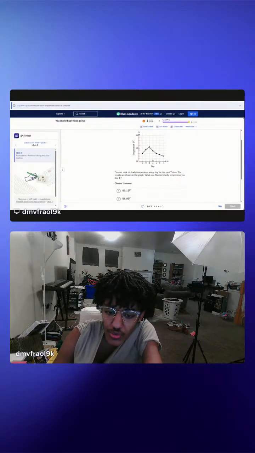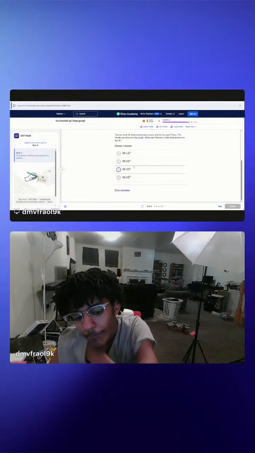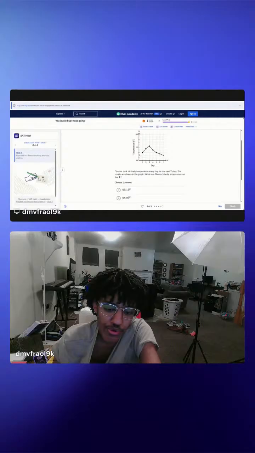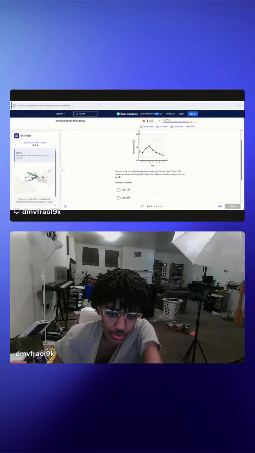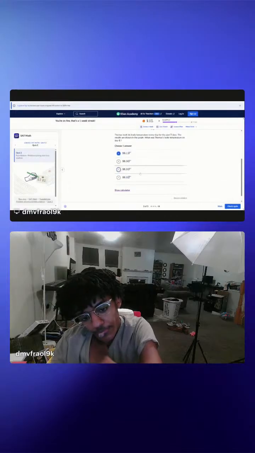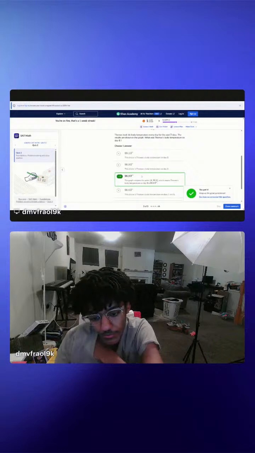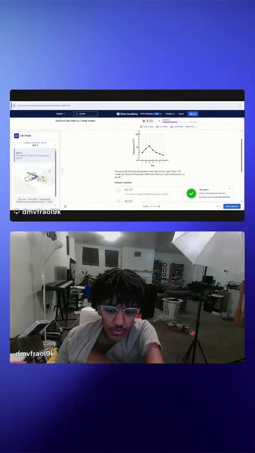His body temperature on day 4 was 98, 98.1, 98.2, 98.3, 98.4. One, two, three. 98.1, 98.2, 98.3.